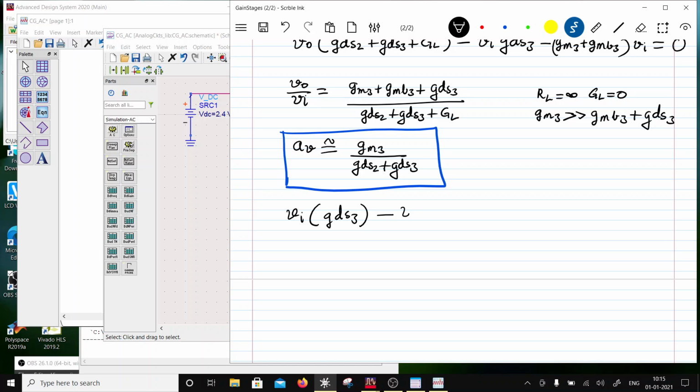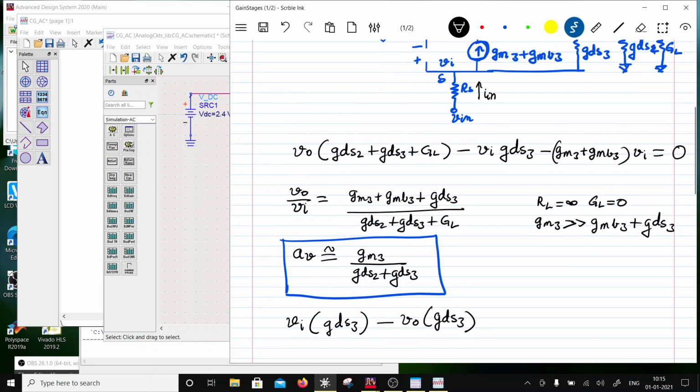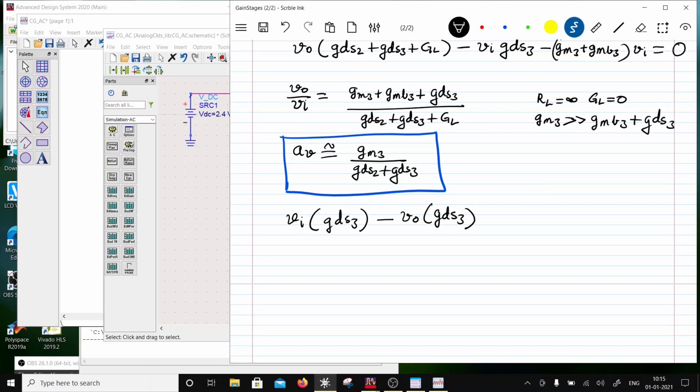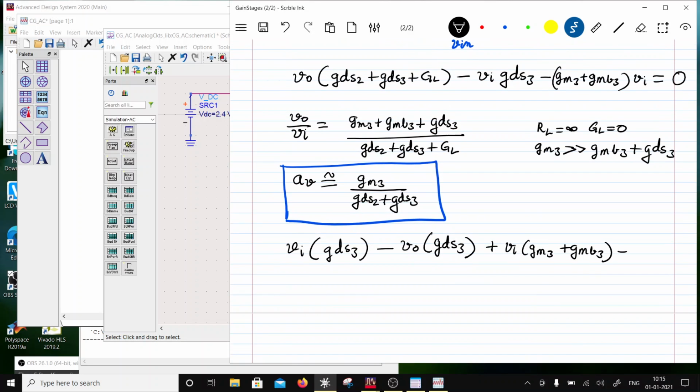And then the adjoining node VO is minus GDS3, right? And then account for the currents. So the currents in this case flowing out are positive, right? So they are going to be VI times GM3 plus GMB3. Okay, and then there is a current I in which is flowing in, which is negative. This should be equal to 0.